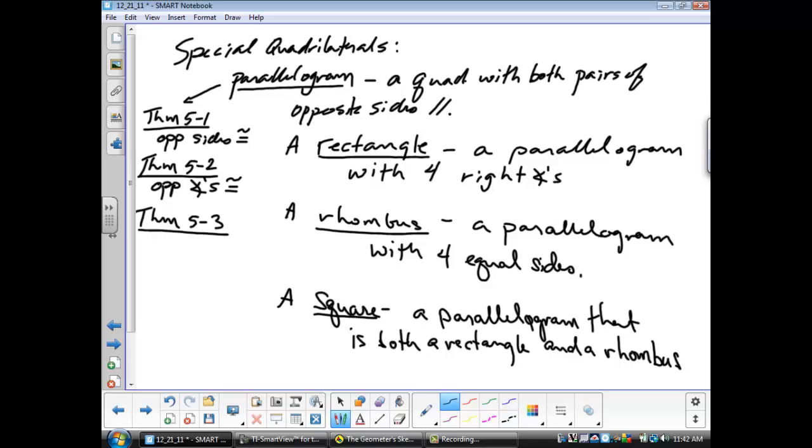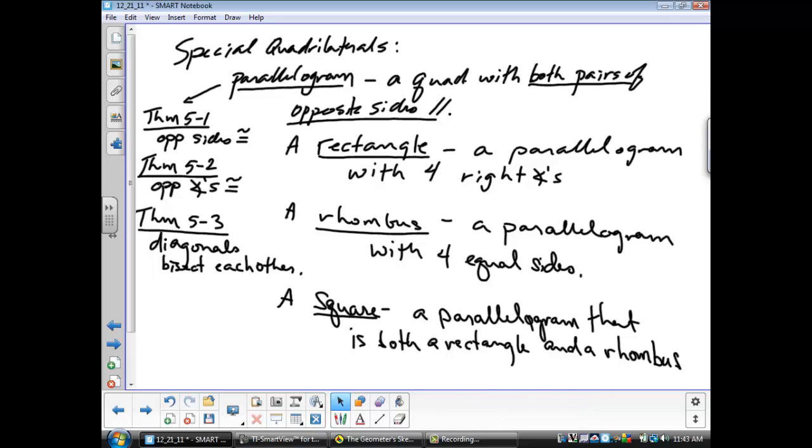Theorem 5.3, diagonals bisect each other. So all of these, as well as both pairs of opposite sides parallel, are properties of parallelograms.